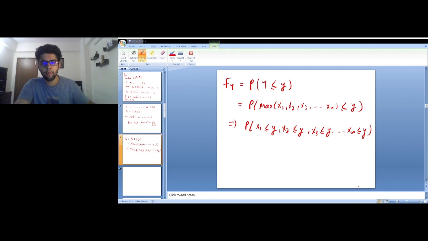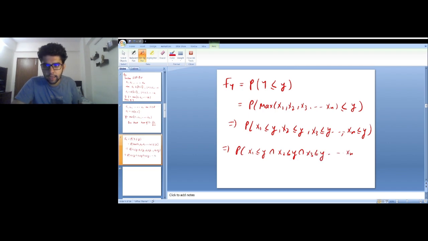I'm writing the probability of all of these variables being less than or equal to y. Because these are IID random variables, I can write this as x1 less than or equal to y intersection x2 less than or equal to y intersection x3 less than or equal to y till xn less than or equal to y.